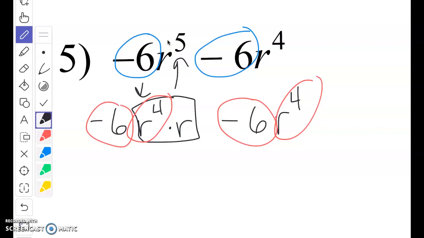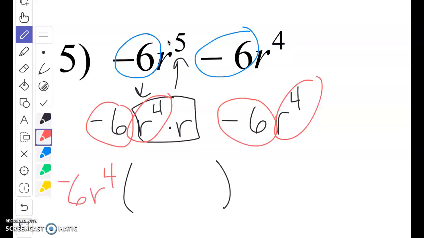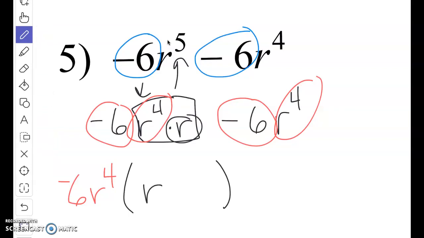So put down my parentheses, and the greatest common factor is negative 6r to the fourth. And then what's left over is just going to be r. And I'm just going to put plus 1 because when I distribute it back in, I'll get the original.